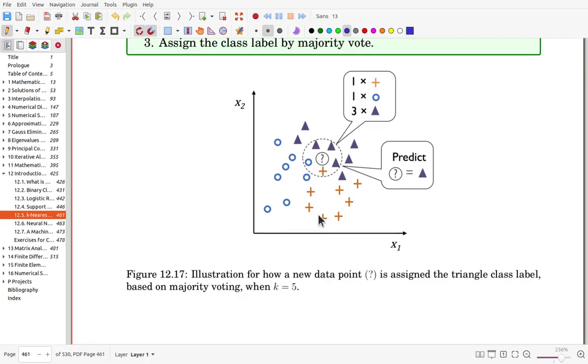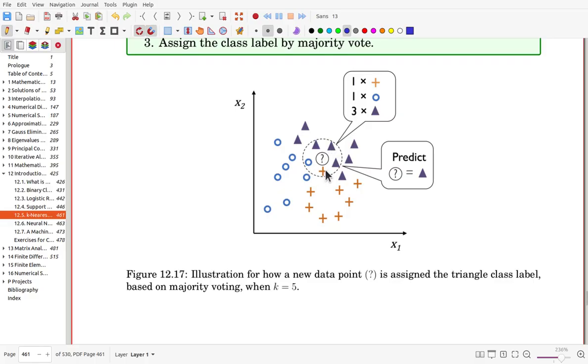Look at this figure. Now there are three kinds of points: O shape, triangle shape, and plus shape. Now this one is a new data point, and assume we chose k is 5. So we found the 5 nearest points from the data set. In these selected points, there are 3 triangles, 1 O, and 1 plus.